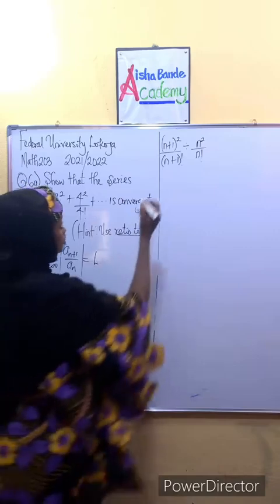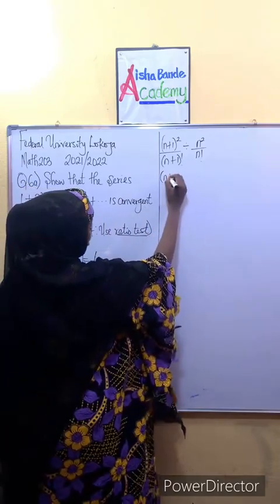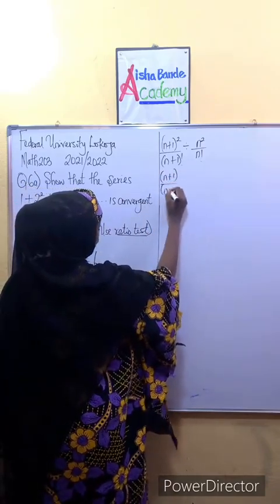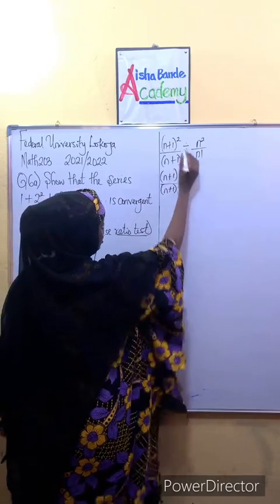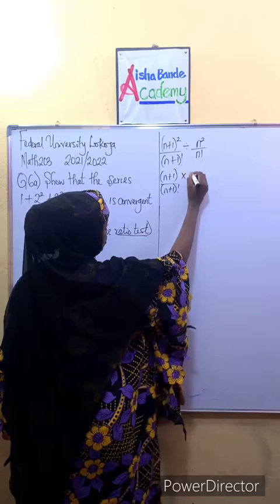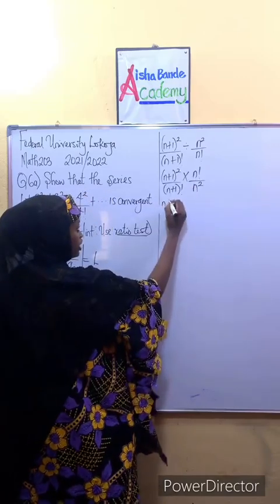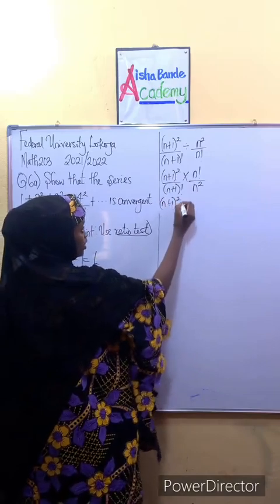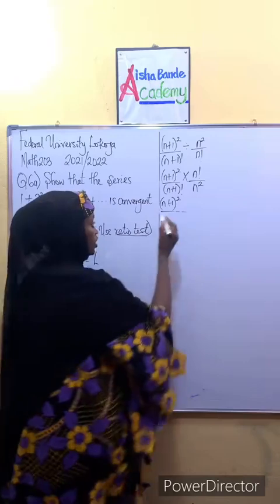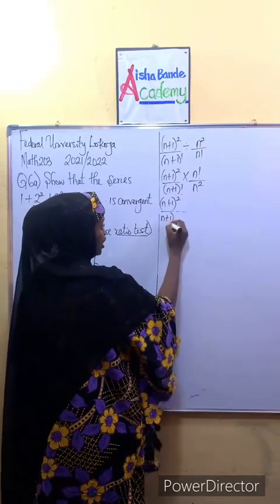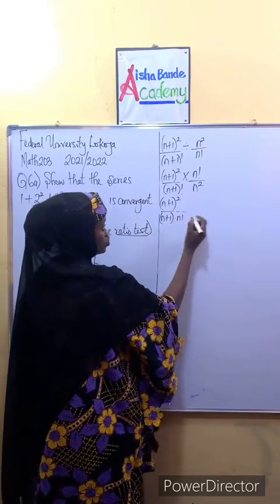Simplifying further, the division turns to multiplication, so we have n plus 1 squared over n plus 1 factorial times n factorial over n squared. Now n plus 1 factorial is n plus 1 multiplied by n factorial.